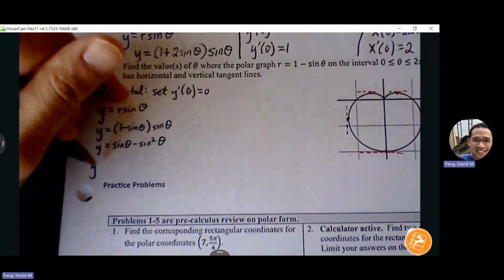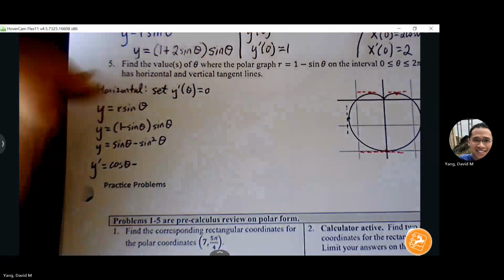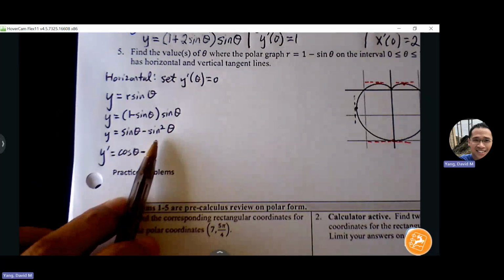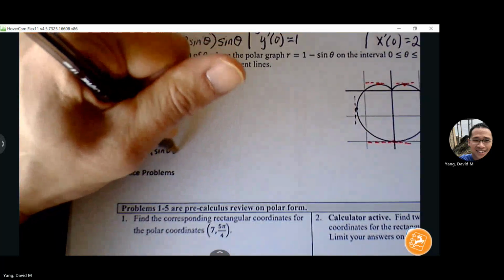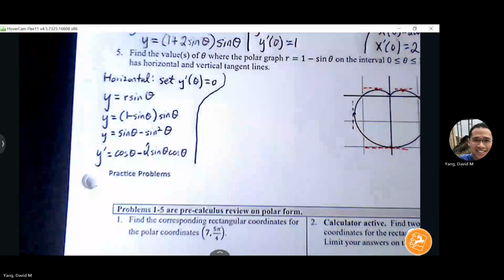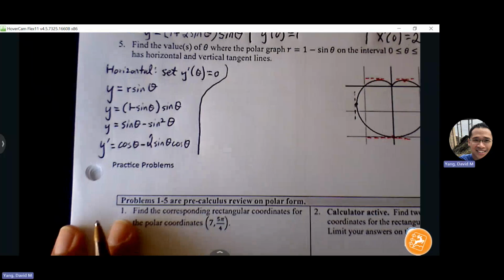Okay, derivative. I'm going to go through a chain rule here. This is really sine theta quantity squared. Okay, I can factor out.